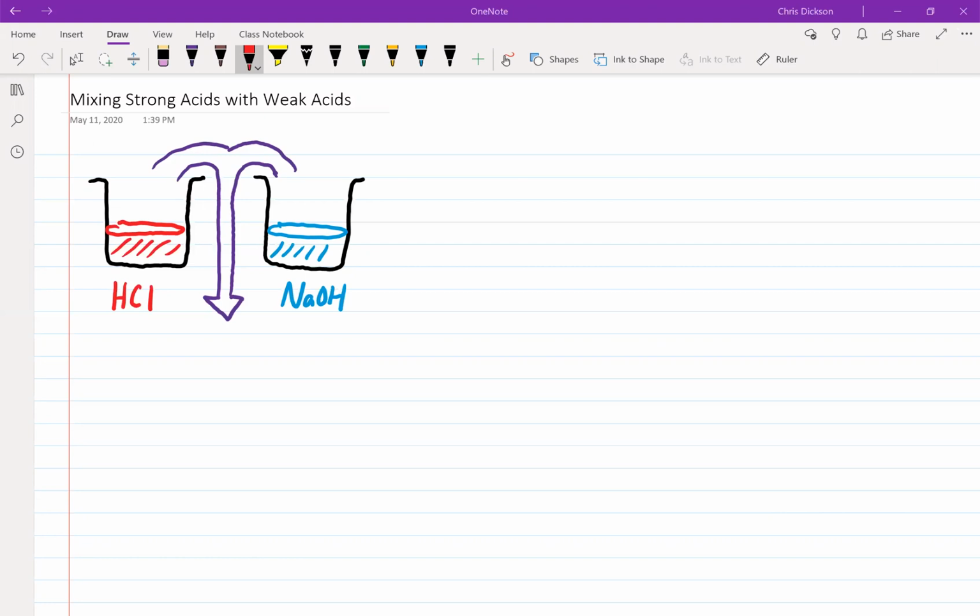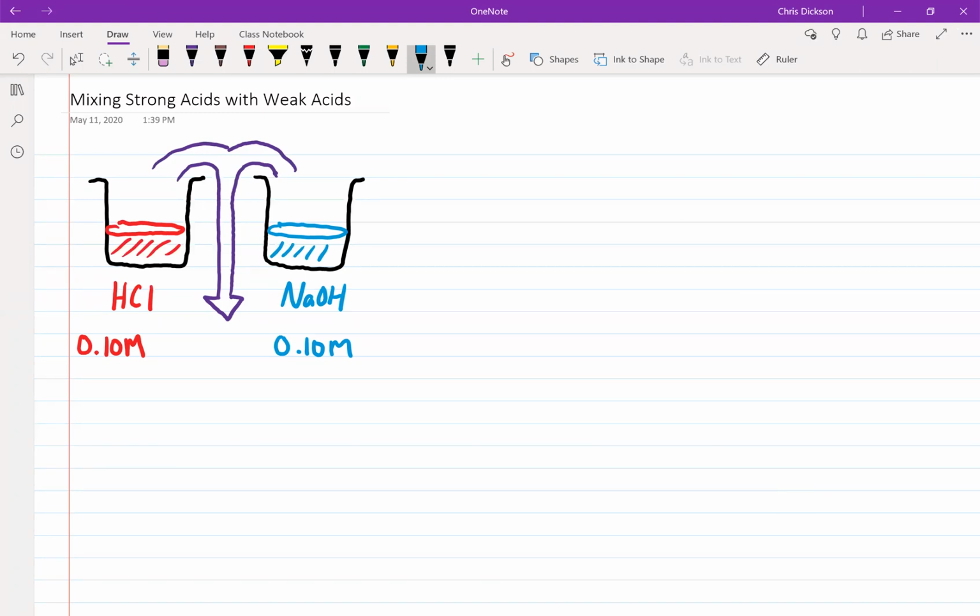So what we're going to look at is how to determine the pH when we mix those things together. Let's say that the HCl was 0.10 molar, and the sodium hydroxide was also 0.10 molar. So they have the same initial concentrations, and you mix them together.